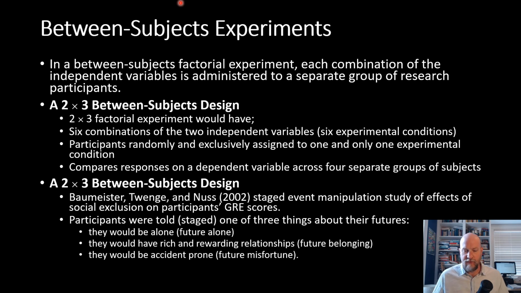Participants were told that their future forecast information was bogus at one point or another. That's the other manipulation, the other condition, where they were told before or after they answered a series of GRE questions.